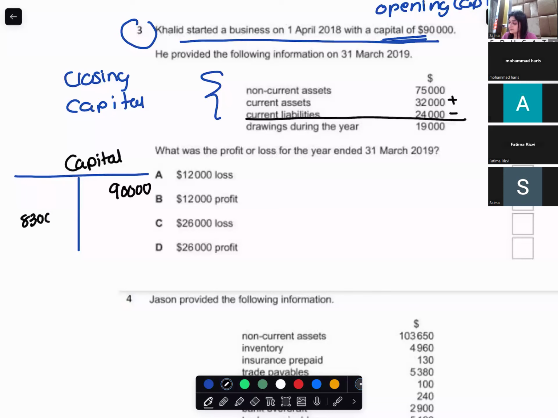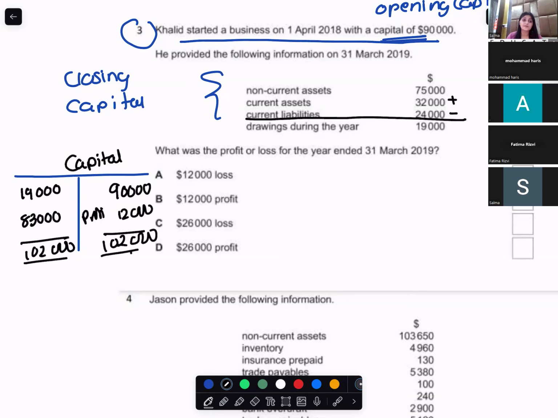What is your drawings? 19,000. So 83,000 plus 19,000 is 102,000. 102,000 minus 90,000, you get 12,000 profit.